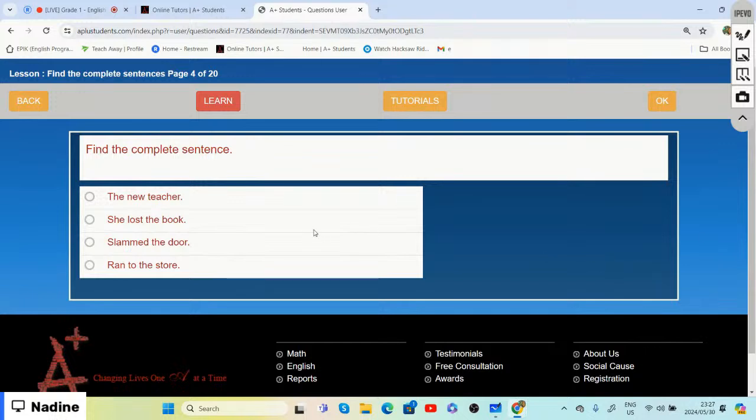It says, the new teacher, she lost the book, slammed the door, or ran to the store. What is our complete sentence when it comes to these four options?